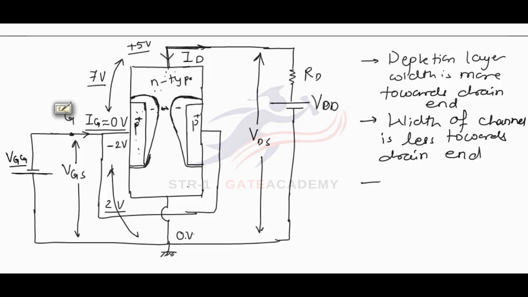And the shape of channel is wedge shape. The channel has width more towards source end, and as we go towards drain end, the width of channel decreases.